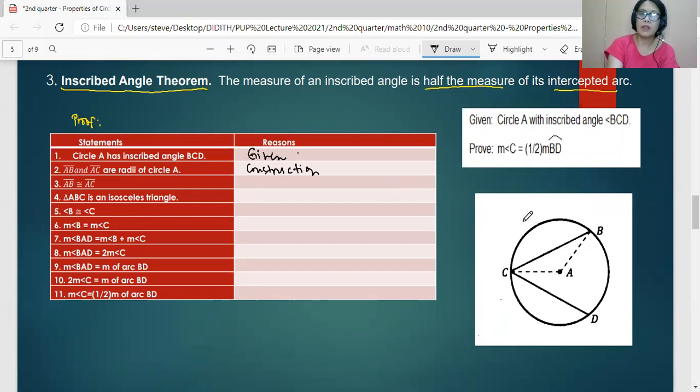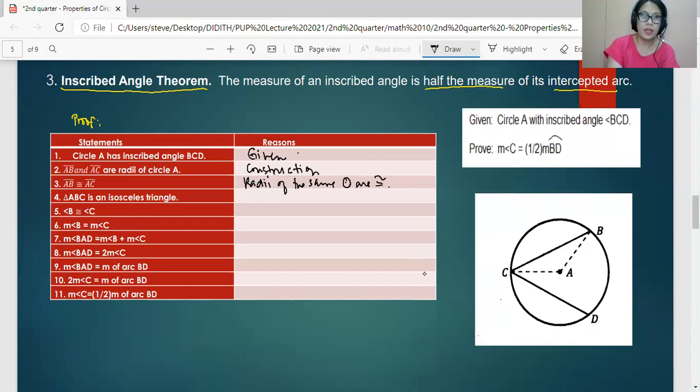And then line segment AB is congruent to line segment AC. Why? Because the two are radii of circle A. Radii of the same circle are congruent.